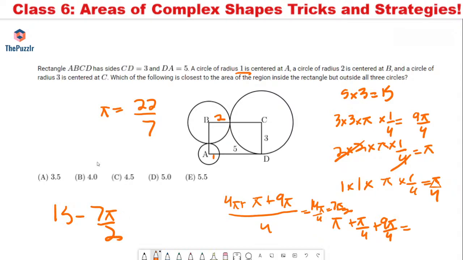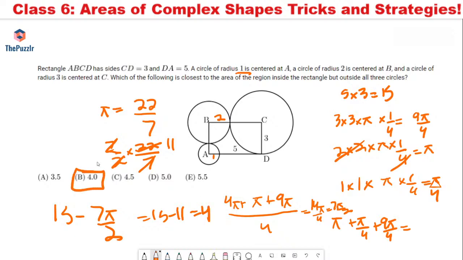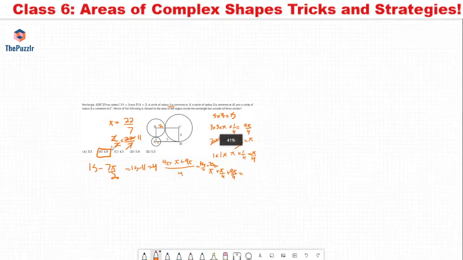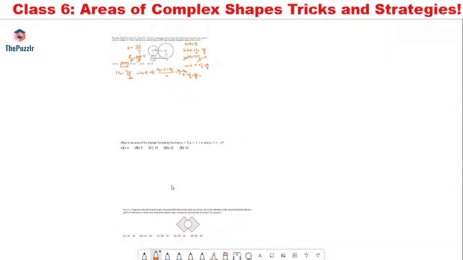This makes it easy. 7 over 2, let me do the math over here. 7 over 2 times 22 over 7. 7's cancel out. 22 over 2 gives us 11. So this is just 15 minus 11. And that we can do without a calculator. That gives us 4 as our final answer. Okay.